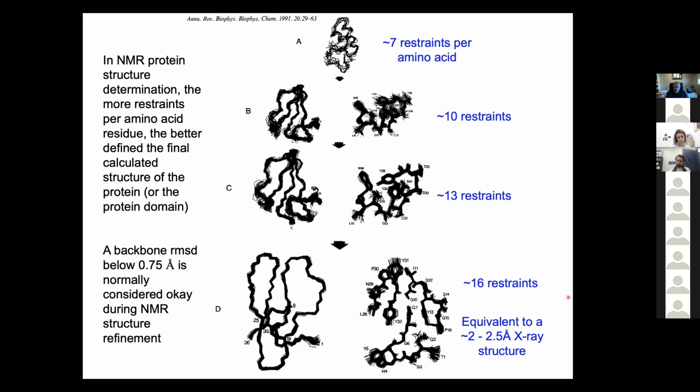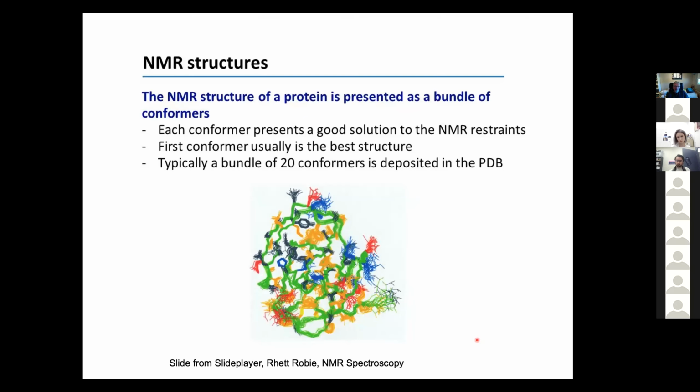So this is a general guideline, and the structures that come out are equivalent to what the crystallographers would call a 2.5 angstrom X-ray structure, right? So a pretty well-defined structure.